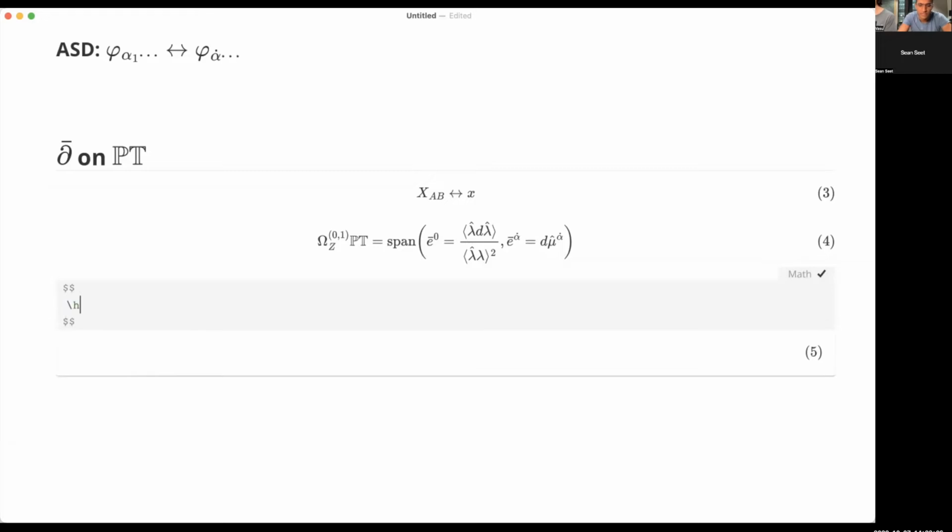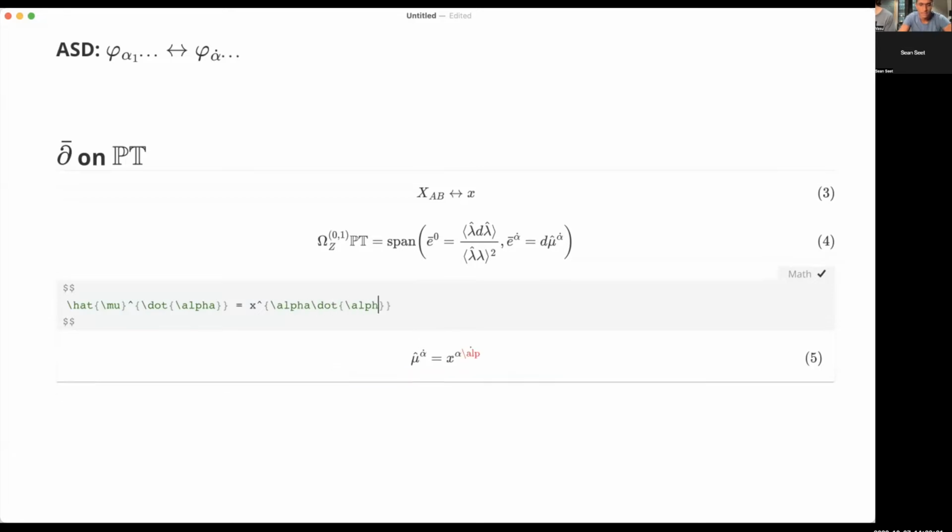Oh, yes. So we have mu hat dot alpha equals x alpha, everything hats. Oh, you define it right at the start. Okay, fair enough. So we have the incidence relation, and I just take D through this.